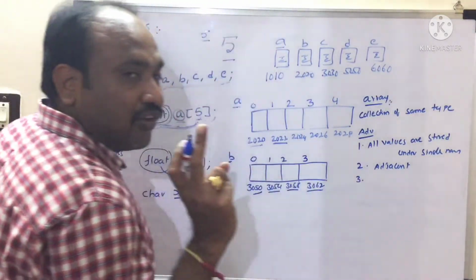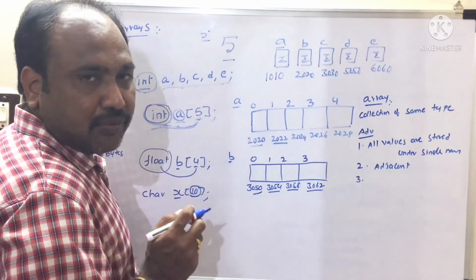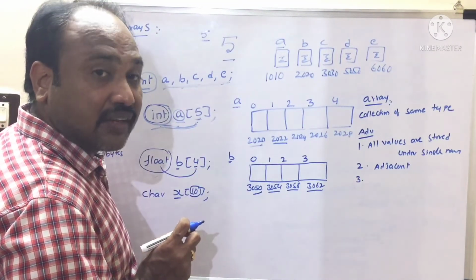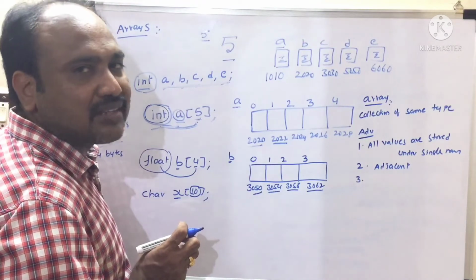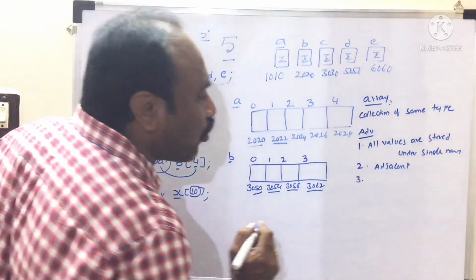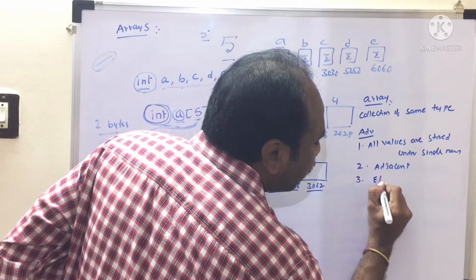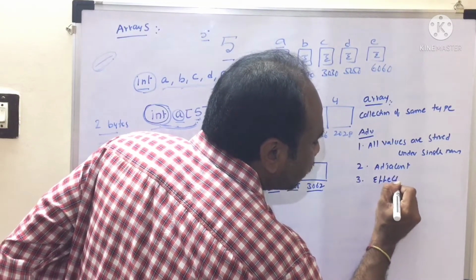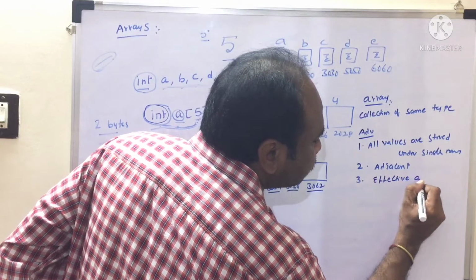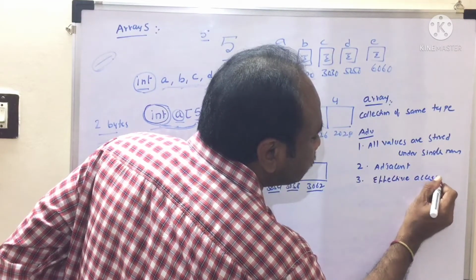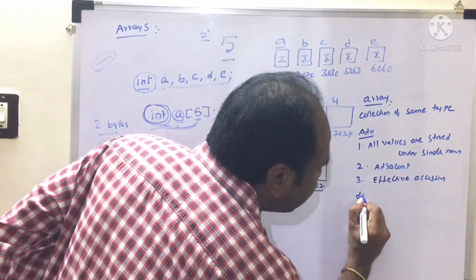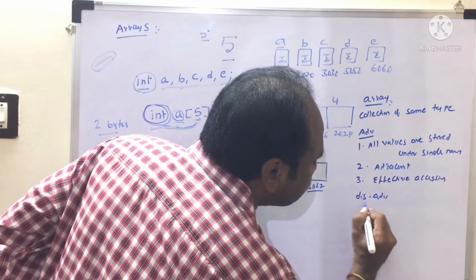When you are going to work with any concept, we are having some advantages. At the same time, we are having some drawbacks also. Third one is effective accessing. What is the drawback, the disadvantage?